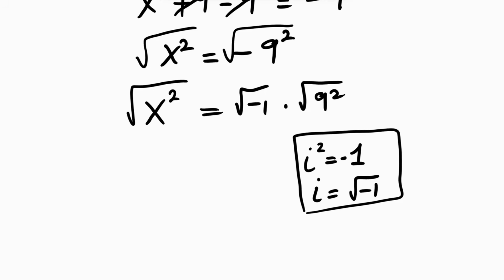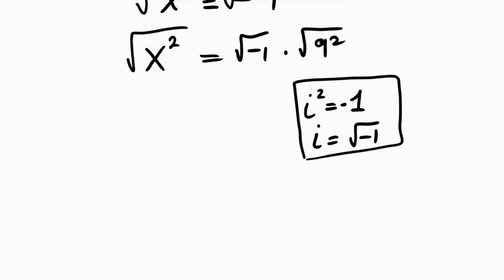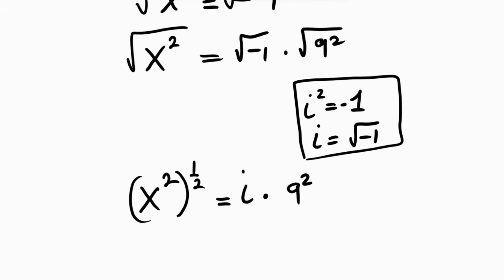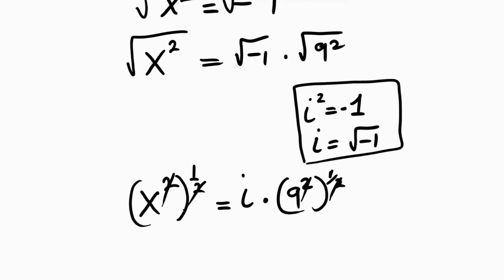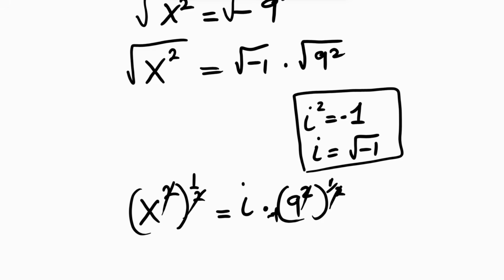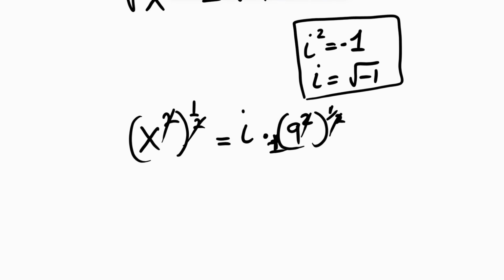Okay? So now we have x squared to the power 1 over 2 equals i times 9 squared to the power 1 over 2. These 2's cancel out, and this is plus or minus. So now we have x is equal to plus or minus 9i.